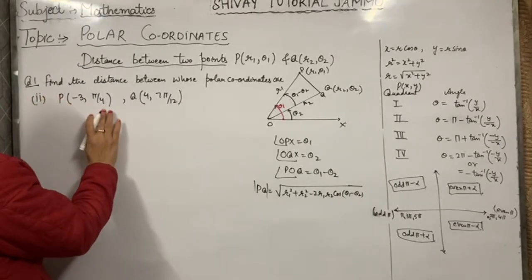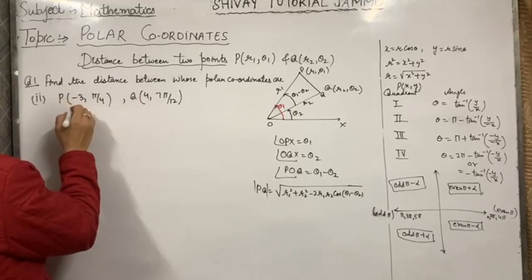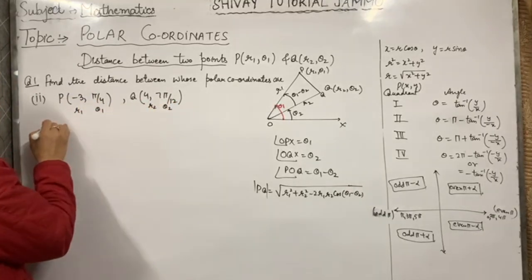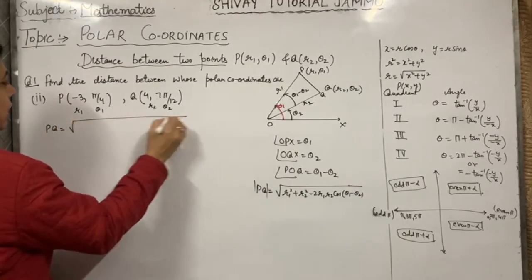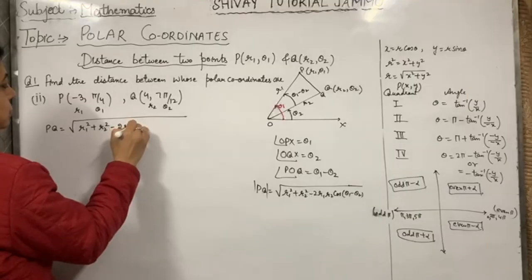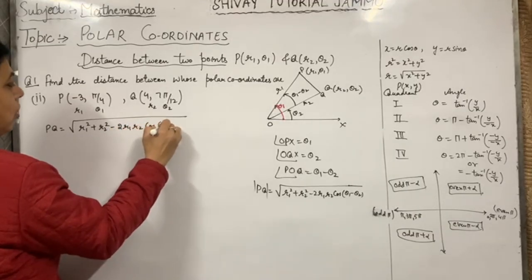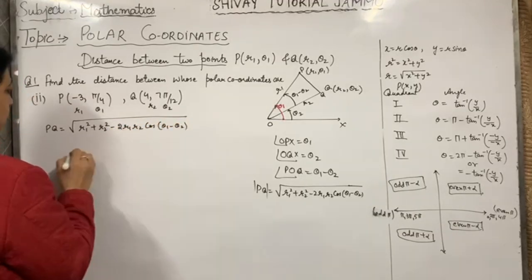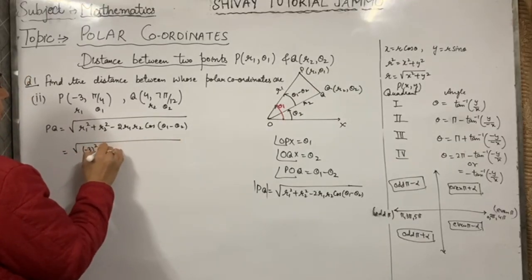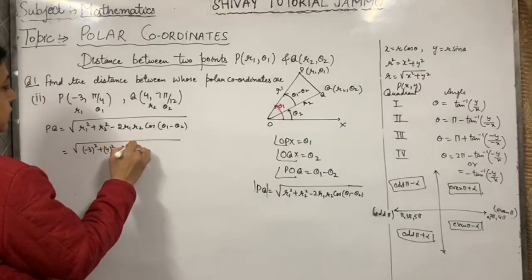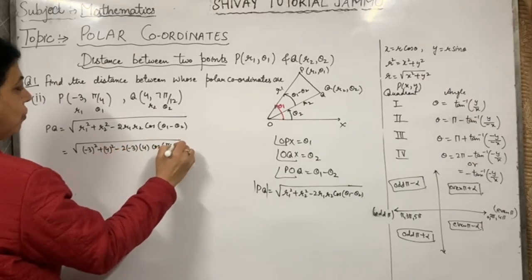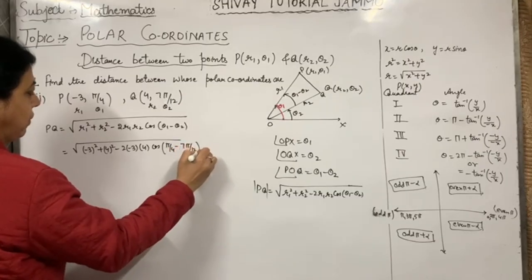Second part, minus 3 pi by 4 and 4, 7 pi by 12. This is r1 theta 1 and this is r2 theta 2. PQ coordinates formula is r1 square plus r2 square minus 2 r1 r2 cos (theta 1 minus theta 2). Okay, this will be minus 3 square plus 4 square minus 2 into minus 3 into 4 cos (pi by 4 minus 7 pi by 12).